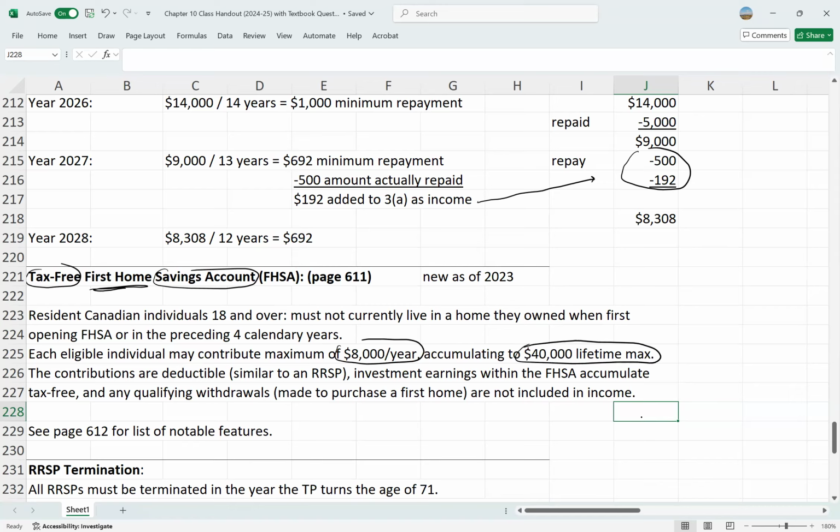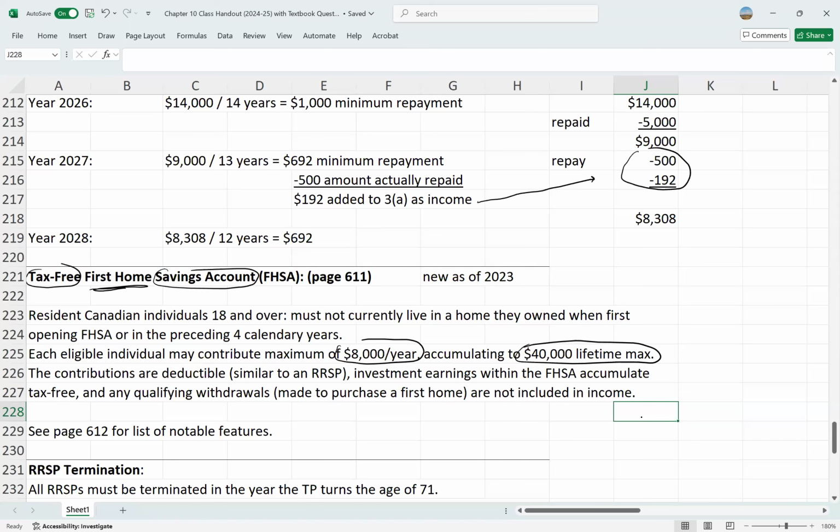So if you contribute 8,000 a year maximum, and you contribute for 5 years, that's your 40,000. So basically if you have enough to put in 8,000 a year and you do it for 5 years, then you've hit your maximum.